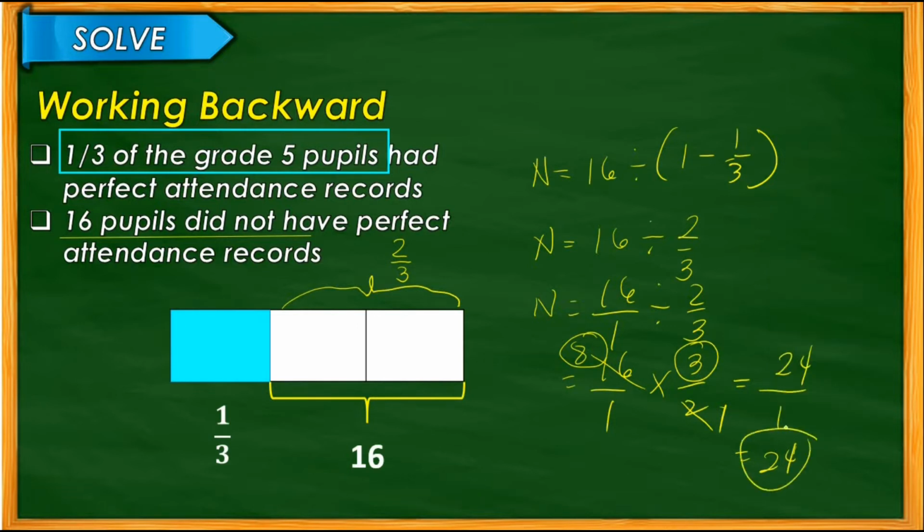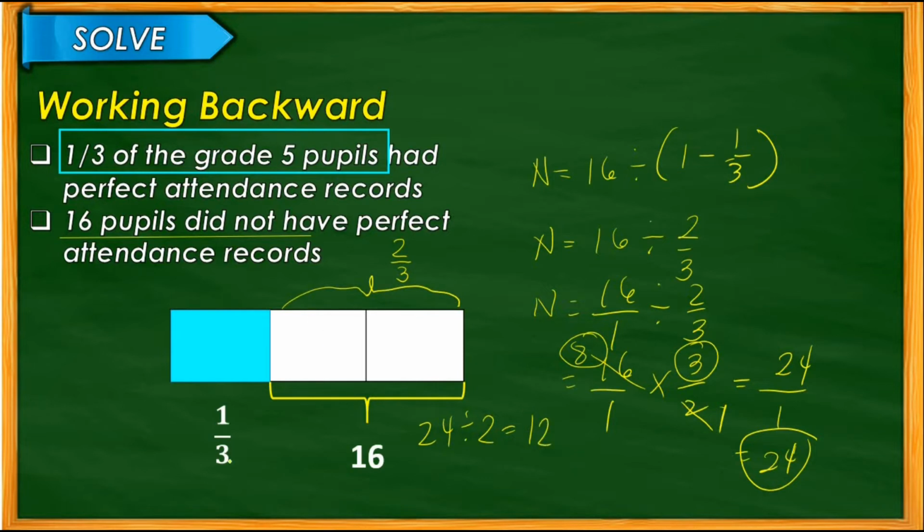So, therefore, the total number of children is what? Is 24? No, because 24 is the part of the 2/3. So we can divide 24 into 2 parts because we have 1, 2. So 24 divided by 2, the answer is 12.